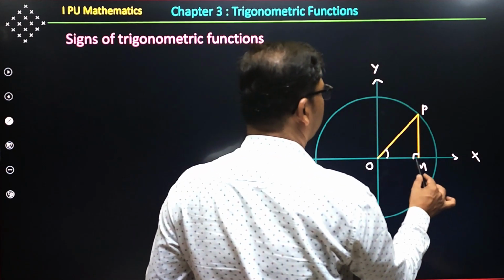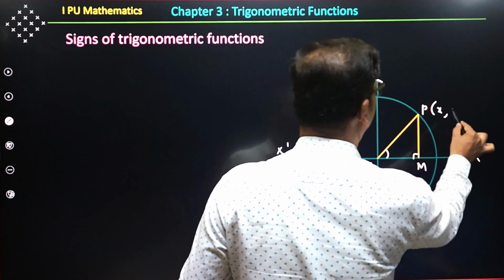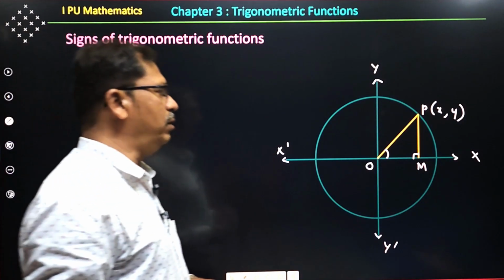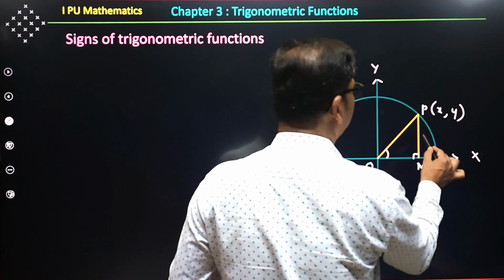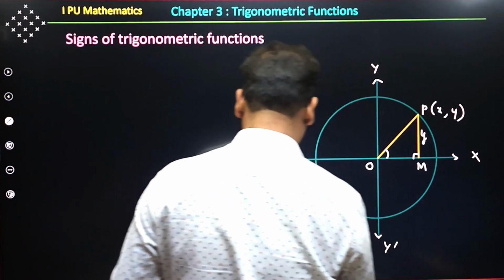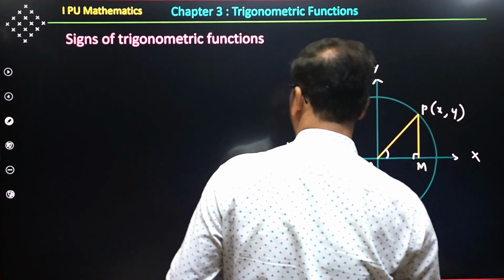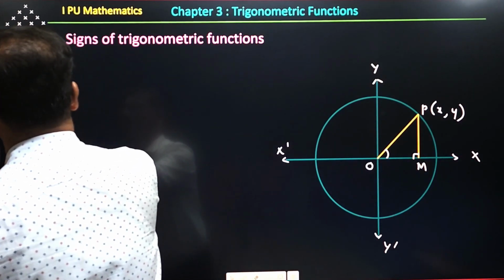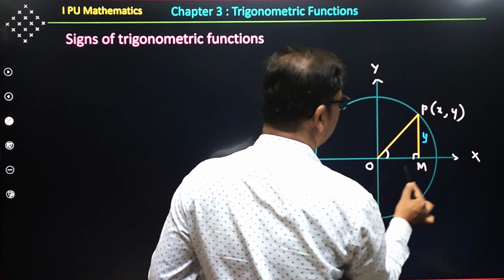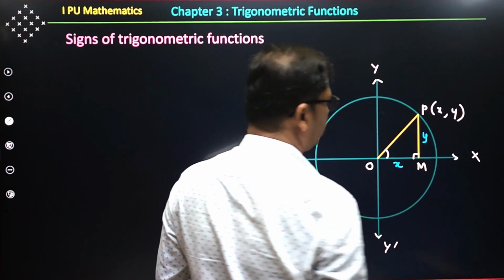I would like to take this point P as (x, y). So as a result of your coordinate knowledge, PM length is nothing but y, OM length is nothing but x. Listen to me carefully.